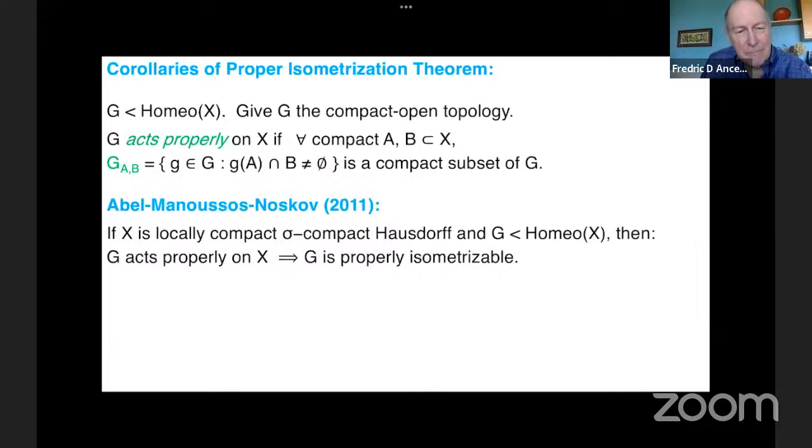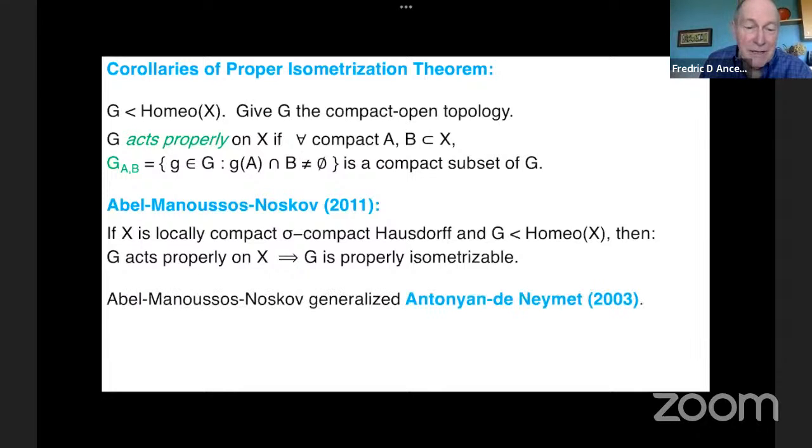I read that paper and it was influential in the things I came up with. So it helped me. And that paper generalized a paper by Antonyan and Ngai that came earlier. So those are the precursors of what I've done.